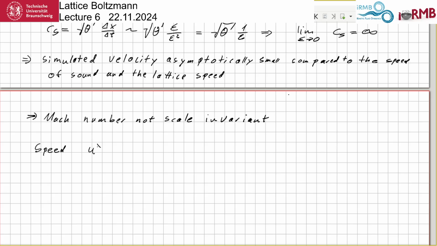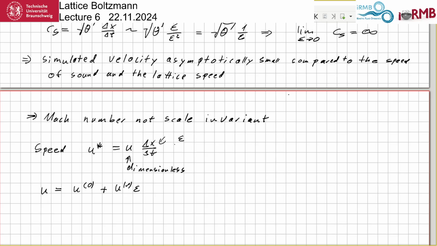So our physical speed, u star, is u, the dimensionless thing, times delta x divided by delta t. So our u in the simulation is u0, which we treat as a constant, and because in diffusive scaling this is going to be smaller, this will be epsilon.